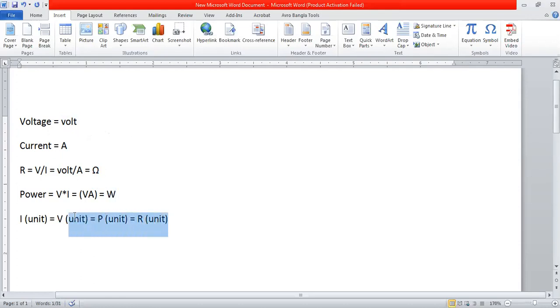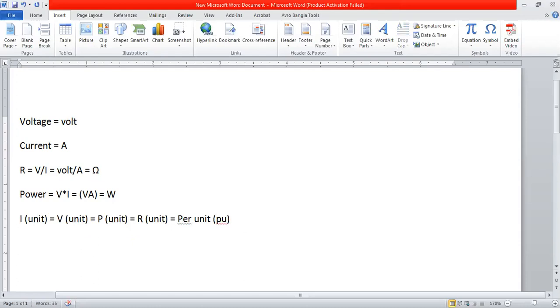All quantities should have the same unit, and this unit is called per unit, that is, pu. So per unit is a different unit which is the same for all other quantities. So how can we replace the unit of a quantity with per unit?